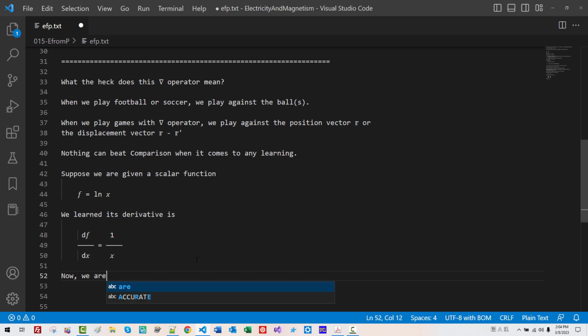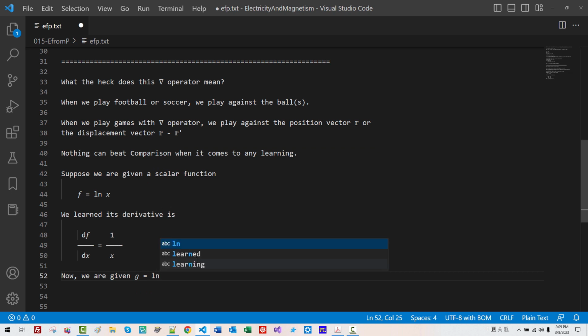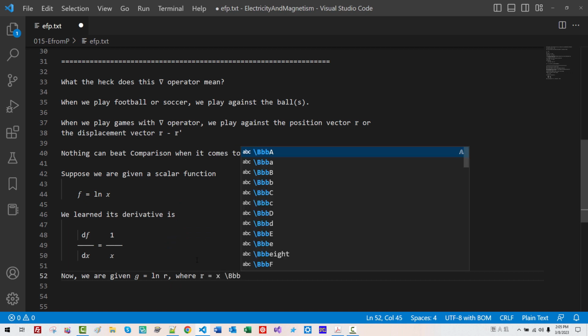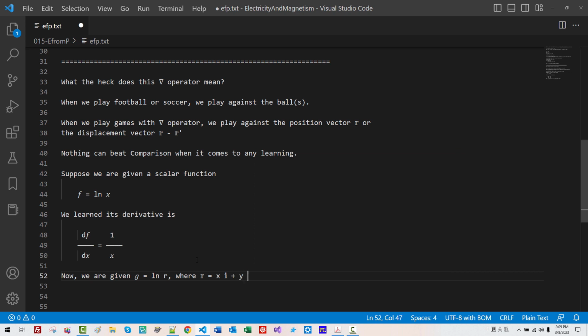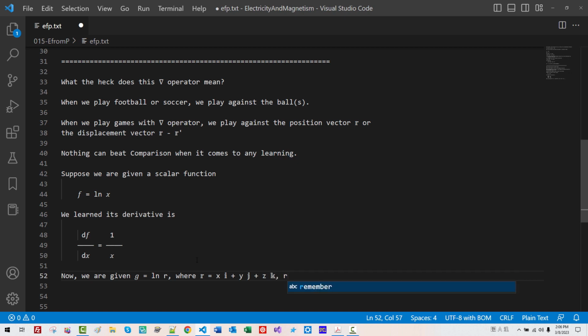Now we are given g. This is ln r, where r equals x x-hat plus y y-hat plus z z-hat and r equals the magnitude of r. So we are given the magnitude of the position vector. So we can play with the nabla operator.